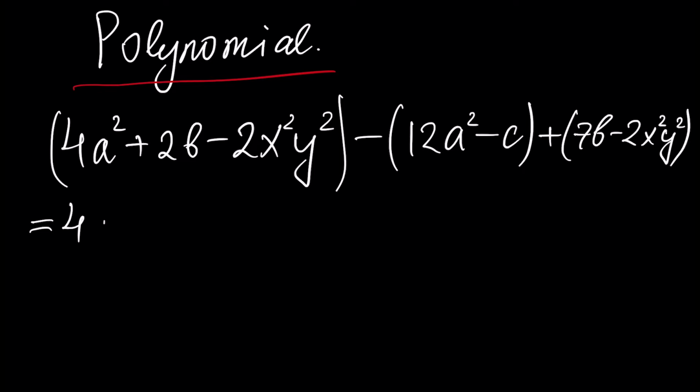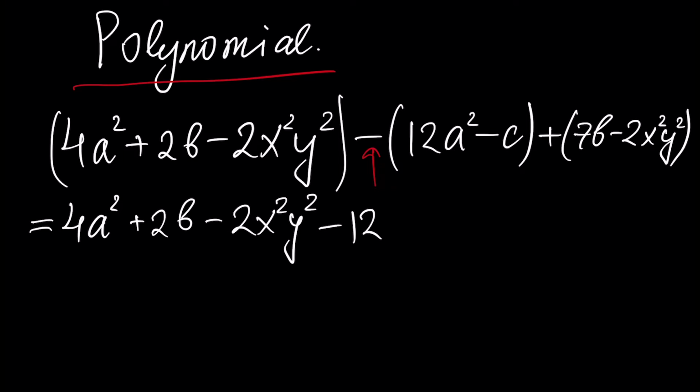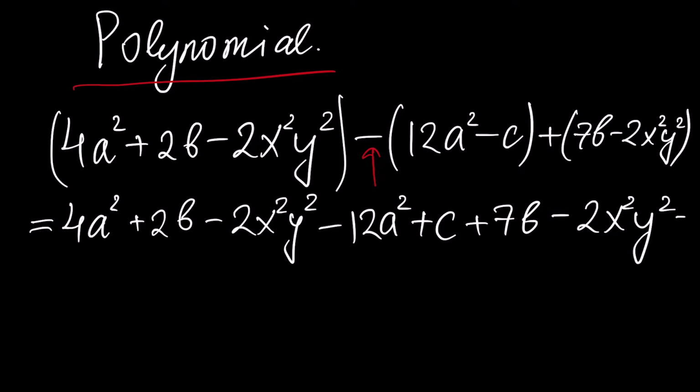The first part will be the same. And this minus will affect the second monomial, and we will have minus 12a squared, minus and minus is plus c. Next, the third monomial is plus 7b minus 2x squared y squared.